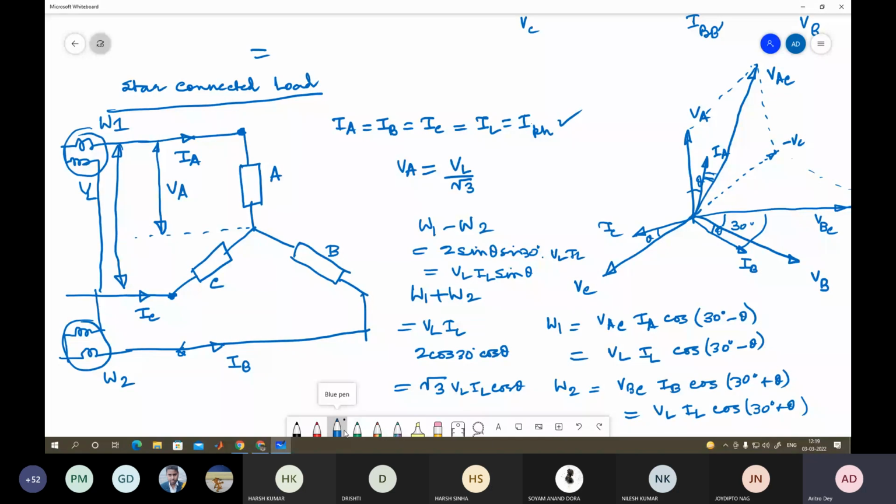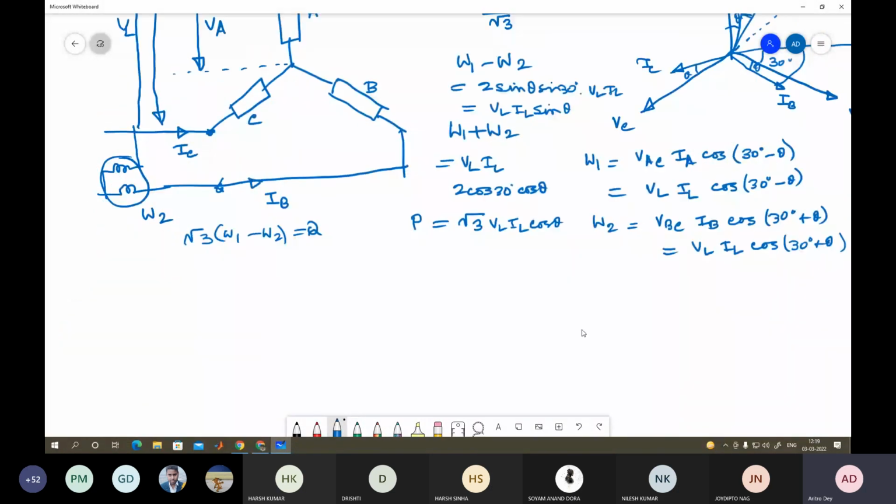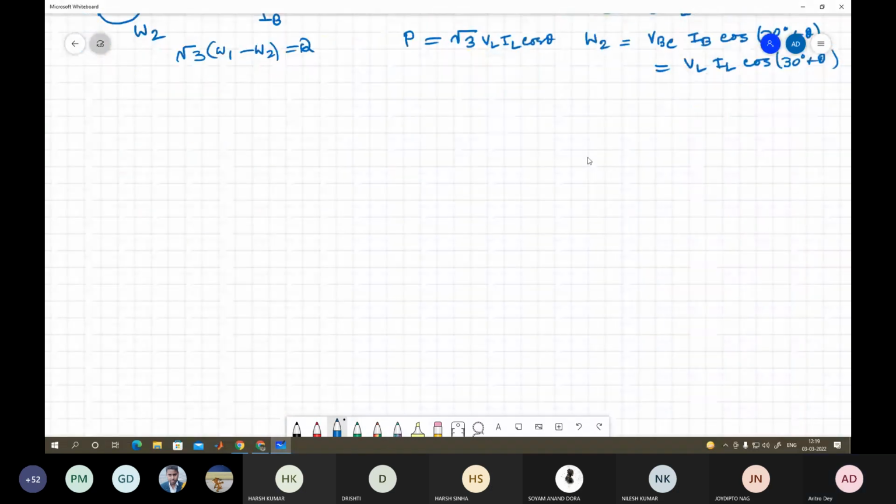So root 3 into W1 minus W2 will give you your Q, which is reactive power, and this is your P. If you now take P square and Q square, you will get the apparent power. And tan theta is equal to root 3 into W1 minus W2 divided by W1 plus W2. Okay, so this is for the star connected load, and let us now do it for the delta connected load.